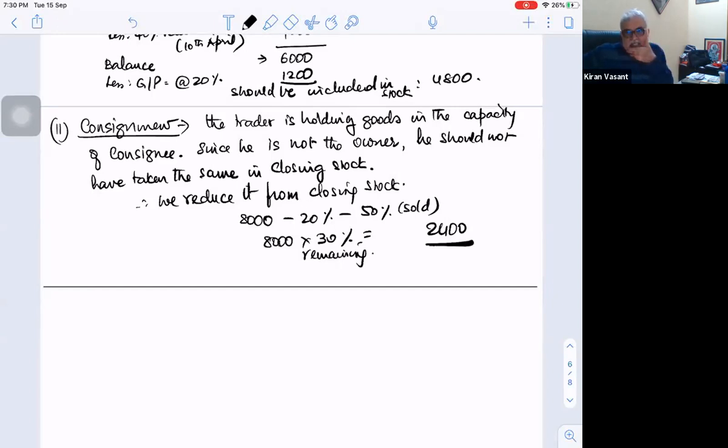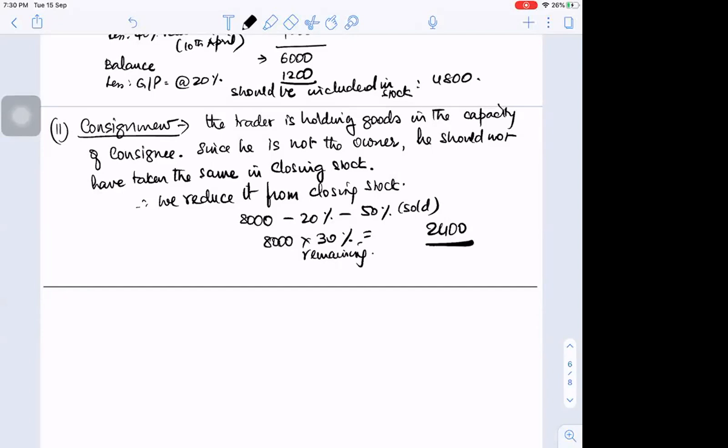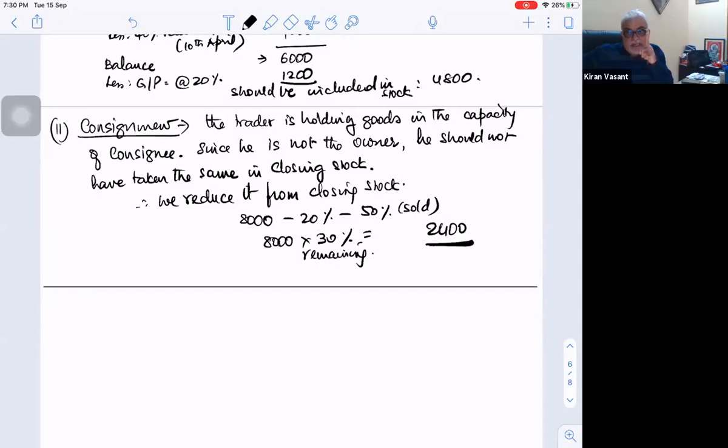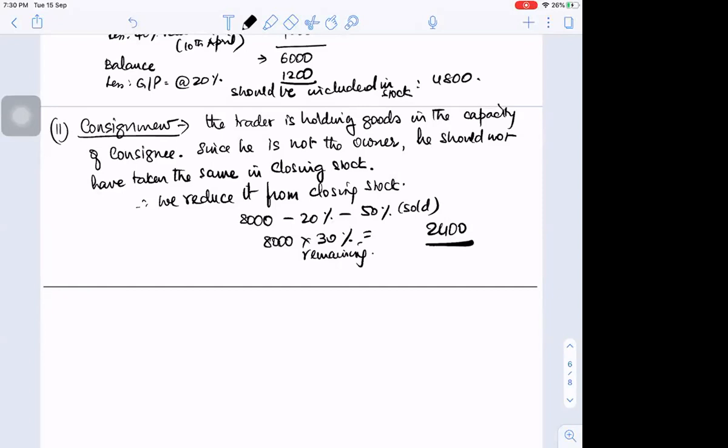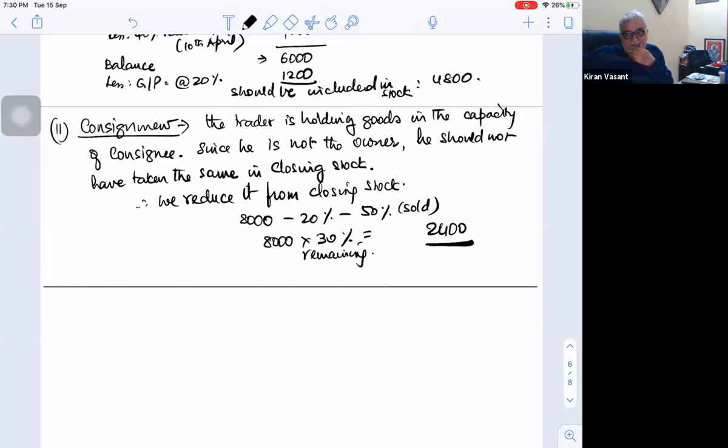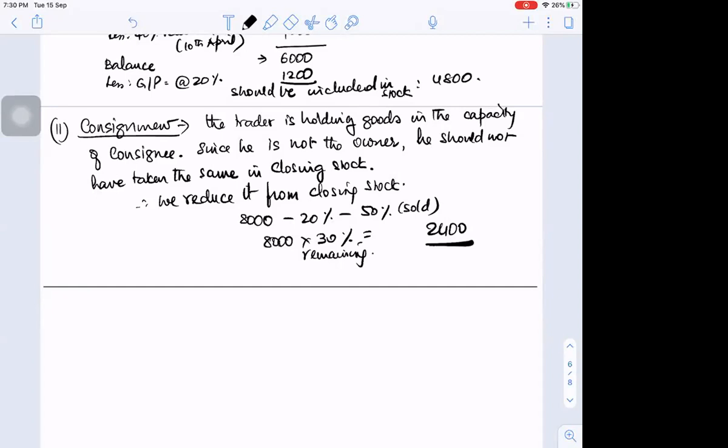You're making it for cash. Cash account debit to sales. Cash account debit to consignor's account. It is not your money. It is his money you are collecting, no? What are you entitled for? Only commission. You will say consignor's account debit to commission. Okay, clear? Sir, got it.